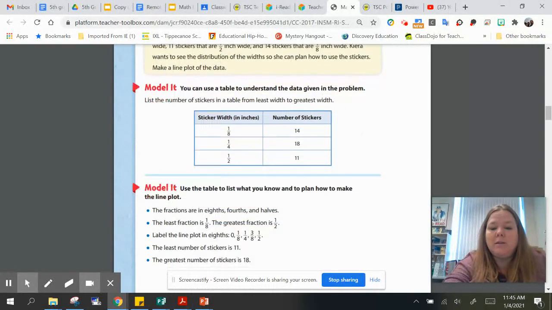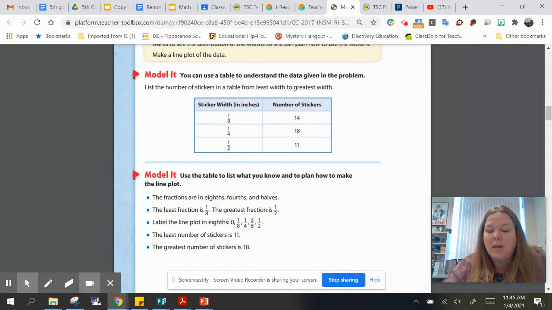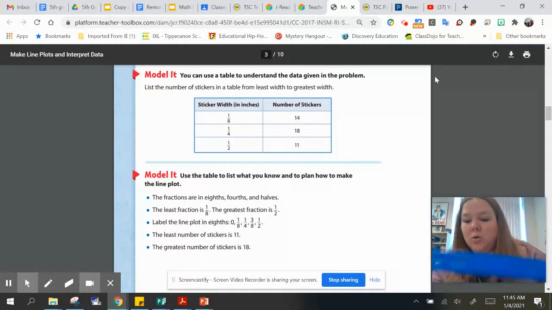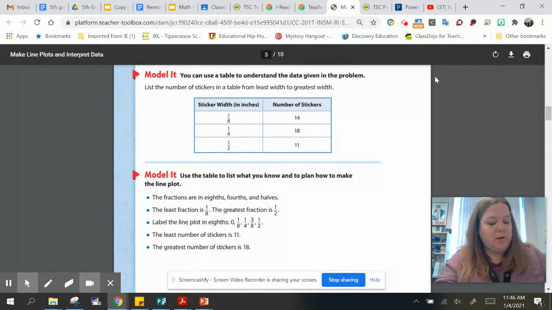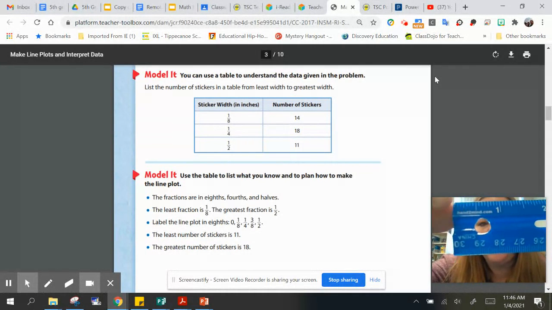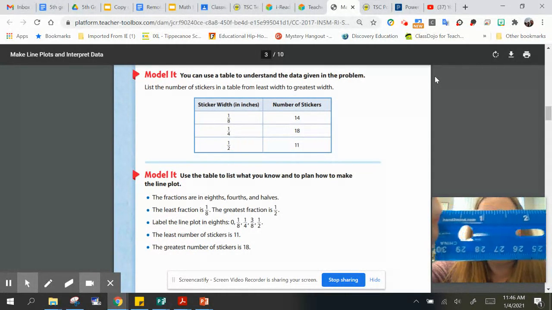So to start it, they gave us a table to list the number of stickers from least width to the greatest width. And I want to show you, see if we can see this very well. Here is a ruler. And each of these little marks is 1/16.